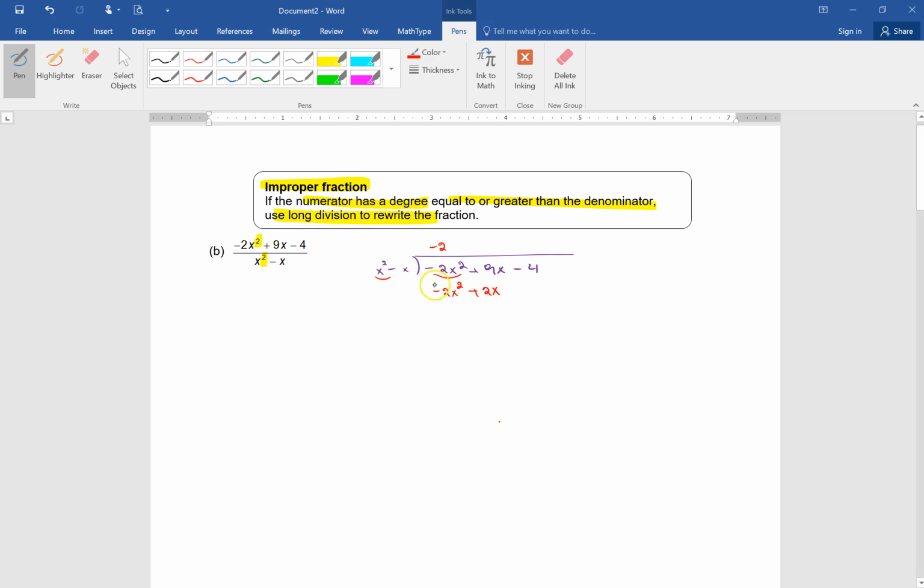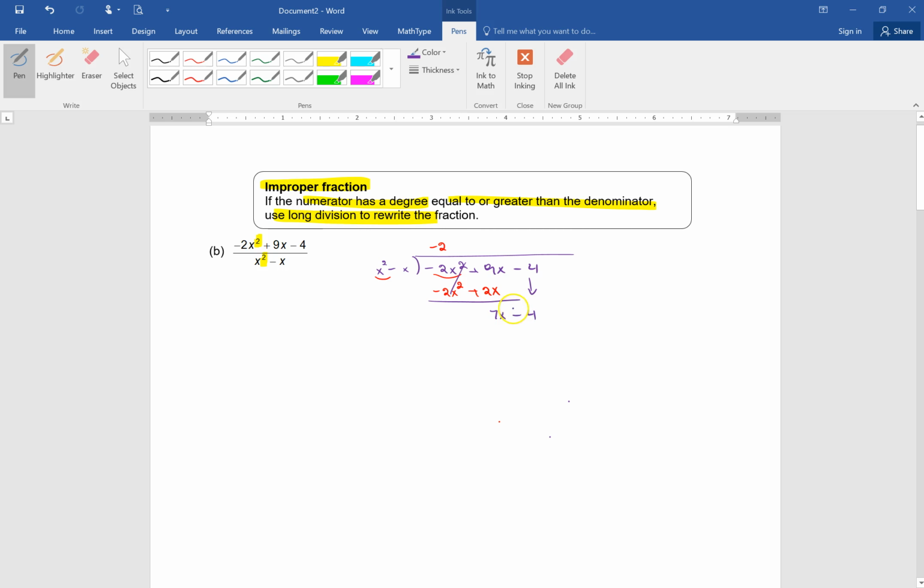Now you subtract these from each other. This minus that goes away. 9x minus 2x gives you 7x, and you bring down the minus 4. So this is it. Now we're done.